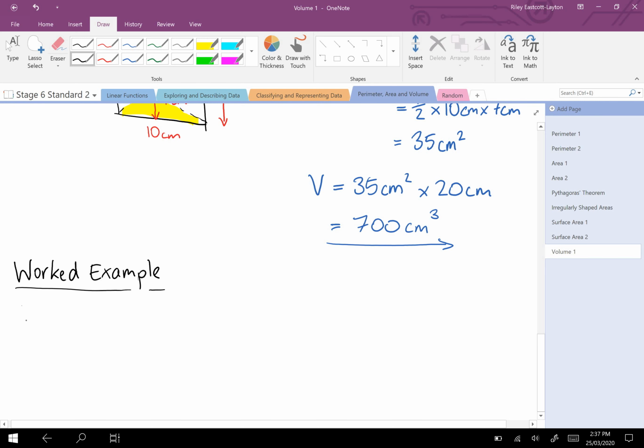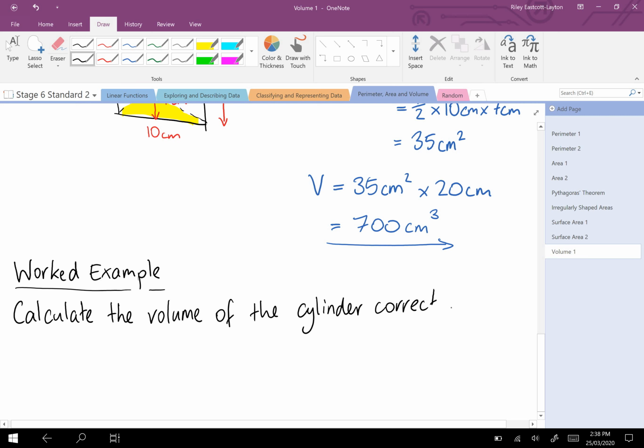Our question reads like this: calculate the volume of the cylinder correct to 2 dP.